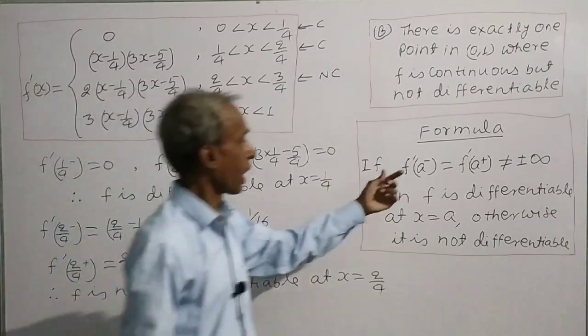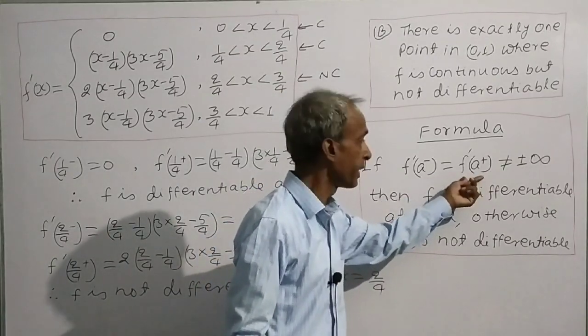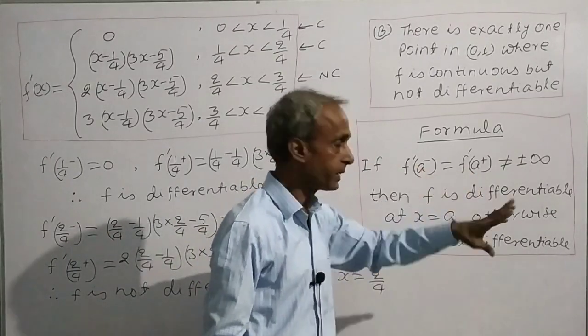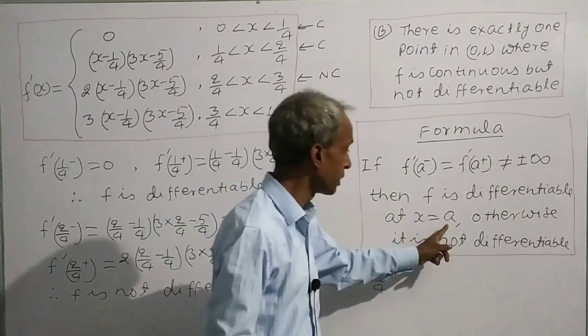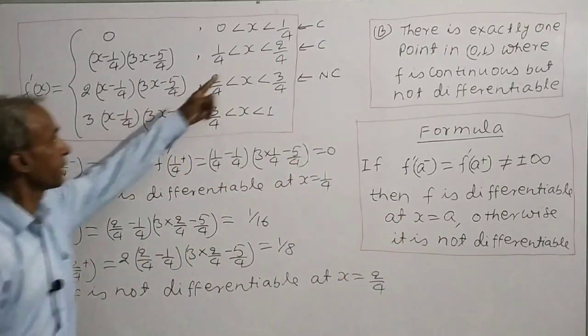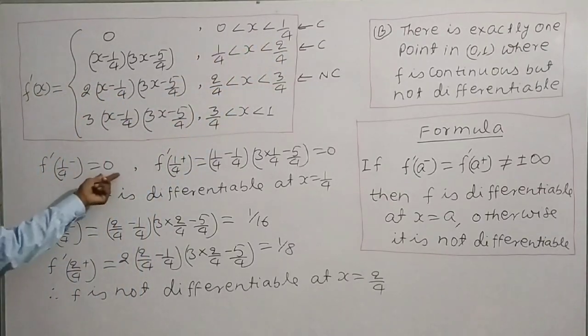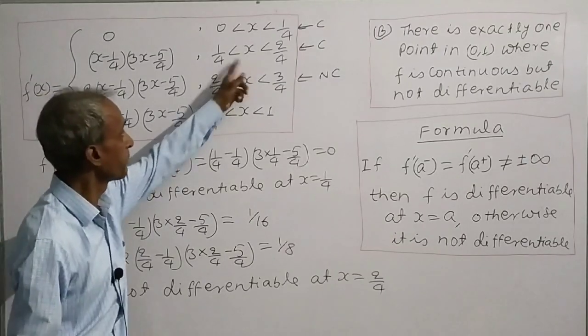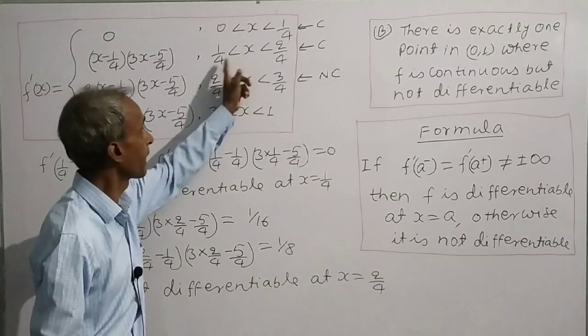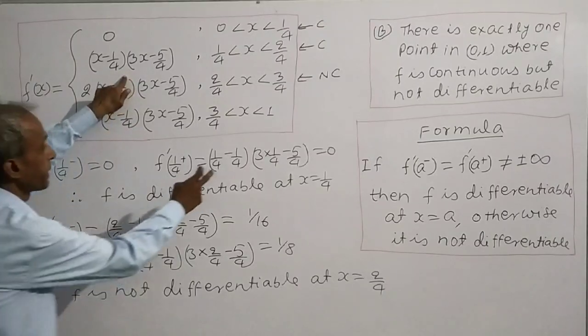This is the formula: if left hand derivative is equal to right hand derivative, f(x) is differentiable at x equal to a. Left hand derivative at x equal to 1/4 will be 0. For the right hand derivative, when x is greater than 1/4, the derivative will be given by this.